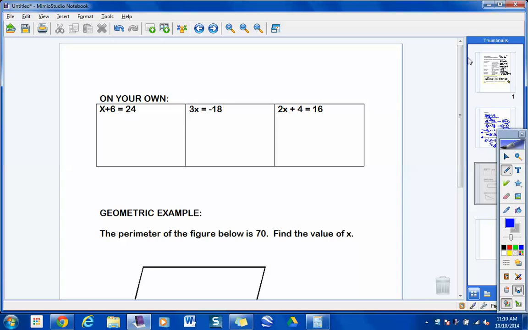I'm not too concerned now, but when we start looking at multi-step and stuff with distributive property on one side and the other, then you're going to want to start.